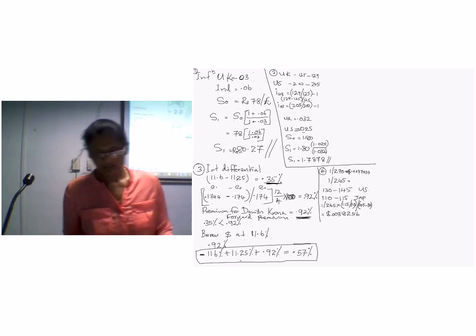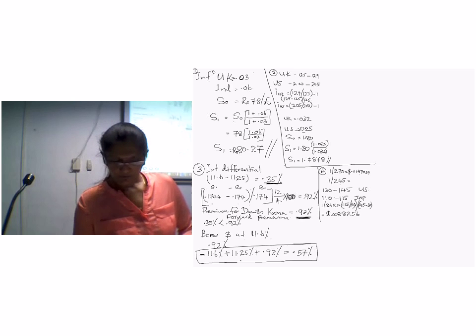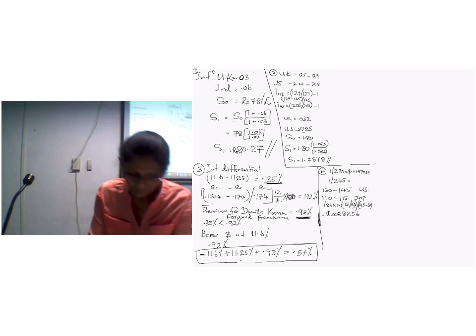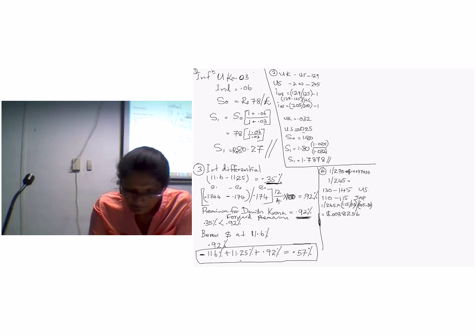So what is the change in the real value of the yen? It was 0.0037037, now it is 0.0038256, right?